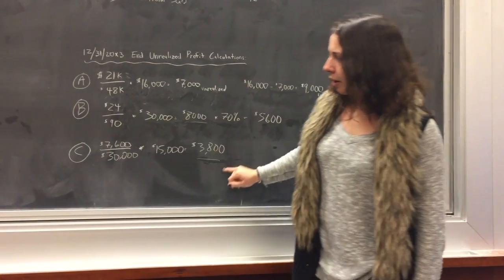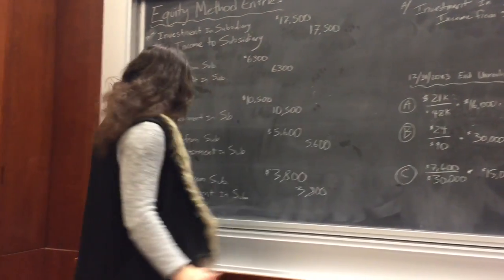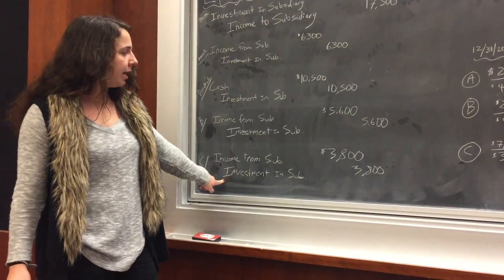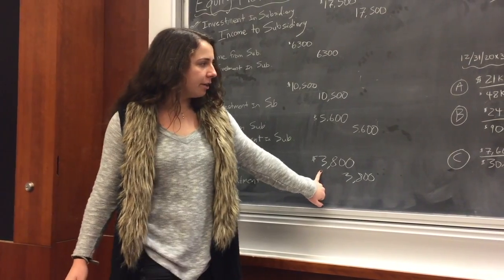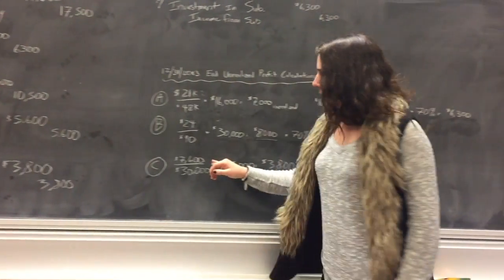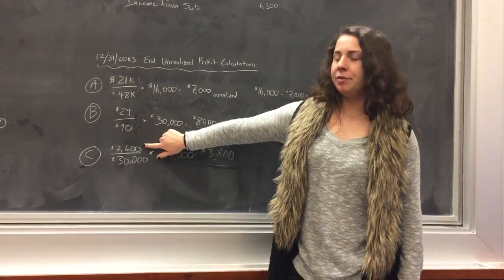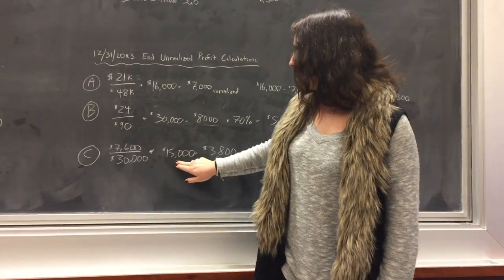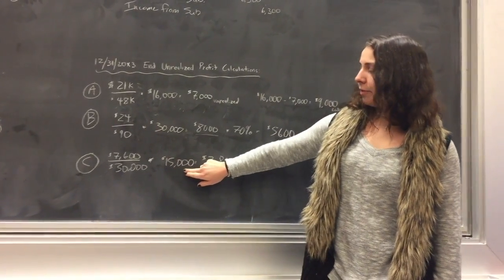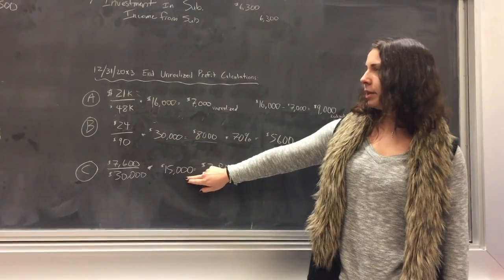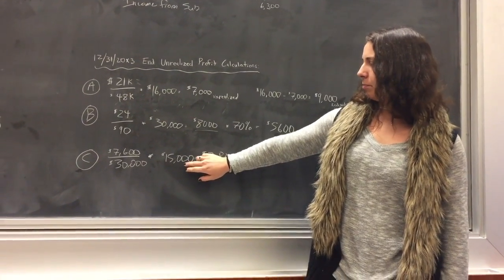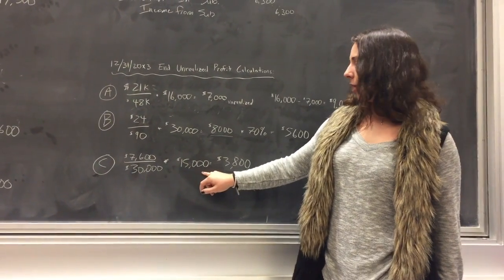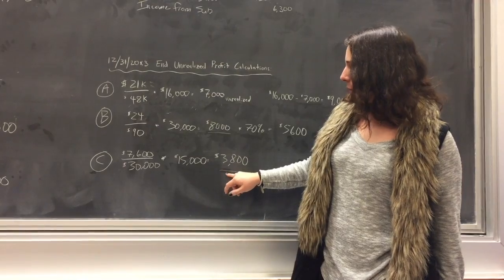And then for this third transaction, we also debited income from subsidiary and investment in subsidiary for $3,800. Here we divided the remaining inventory by the total purchase again, which was $7,600 divided by $30,000, and multiplied that by the unrealized profits, which were $15,000, because Pine purchased it for $15,000 and sold it to Bob for $30,000, and we got $3,800.